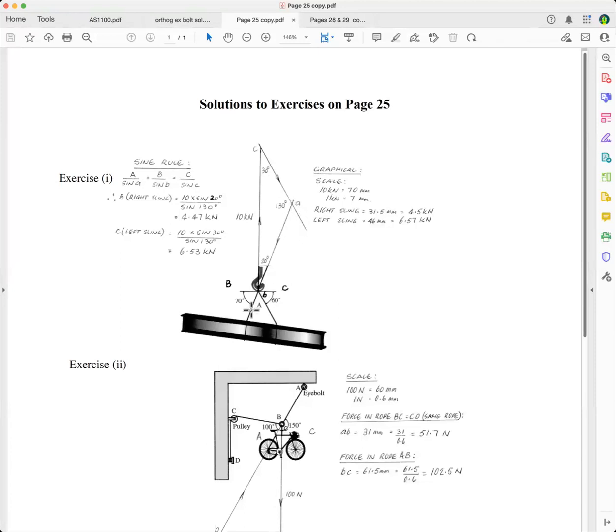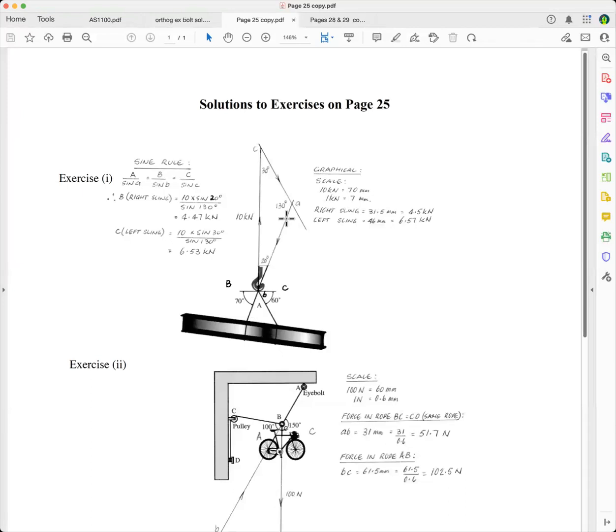And then we come around to this force here, and that force there is AB, and it's got to go through B. So you just continue that up there, and then you just measure off these distances, using that scale, and you can get the force in each sling.